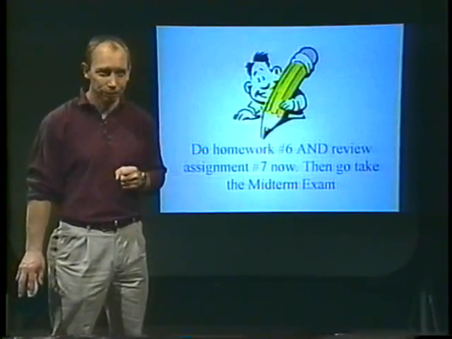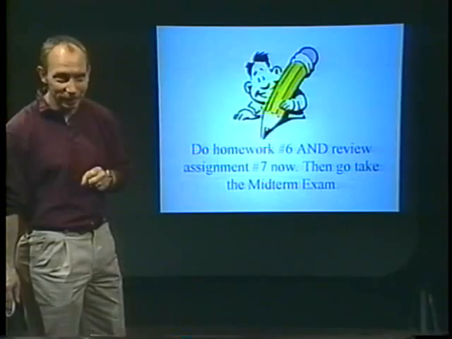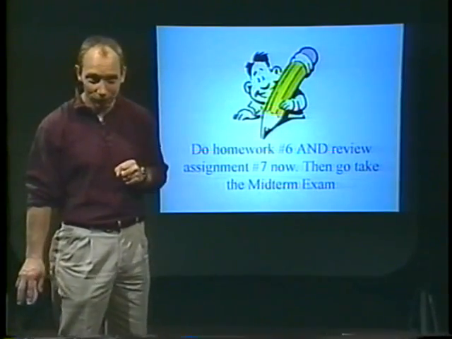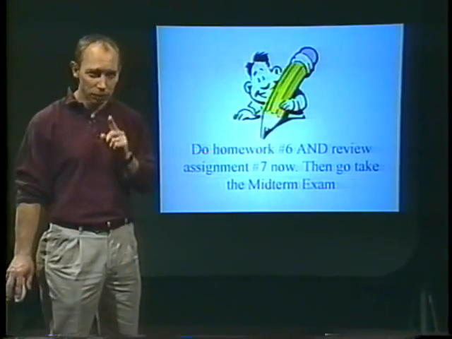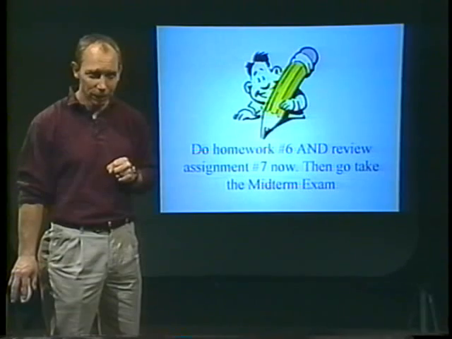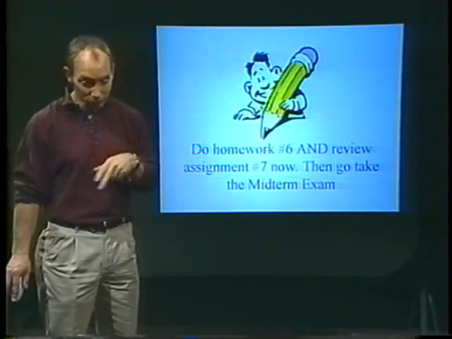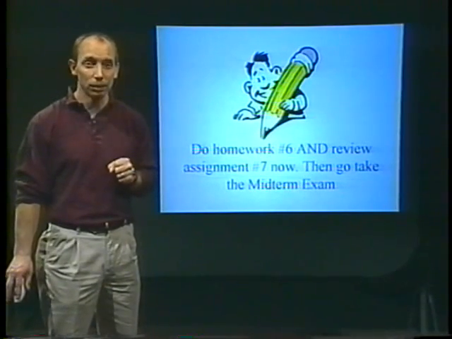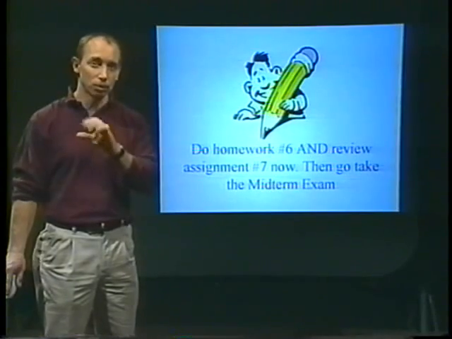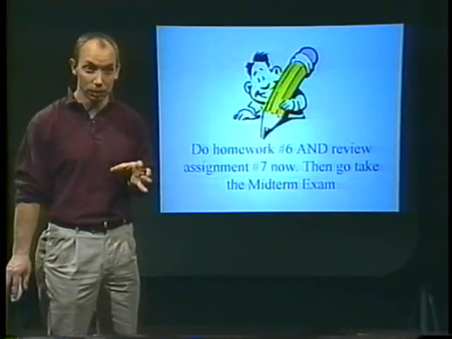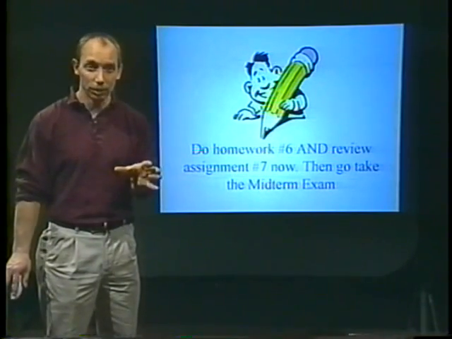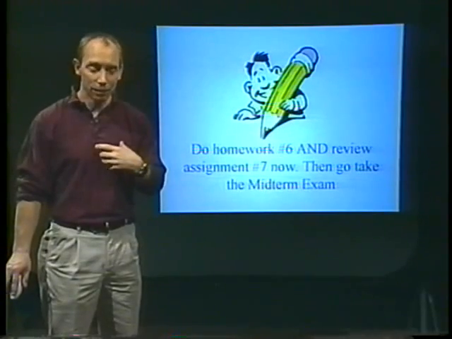Now, your job at this point is to do homework number 6 and then review assignment number 7. I want to stress, you really want to do review assignment number 7 because, number 1, if you look at your syllabus, it's worth twice as many points as any of the homeworks. The reason for that is I'm very predictable.